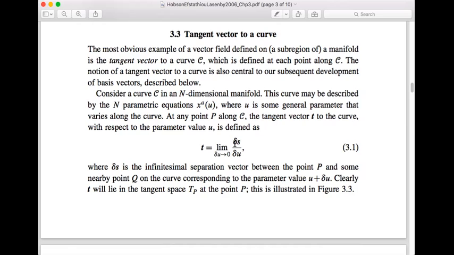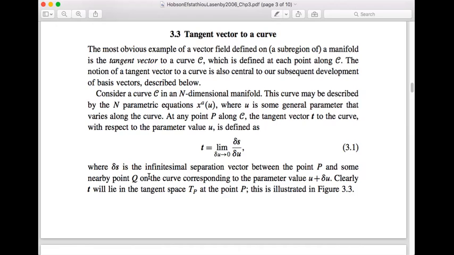So delta s is the delta s that we've seen in special relativity, what I was referring to earlier. In our two-dimensional manifold, it would just be a little displacement vector.